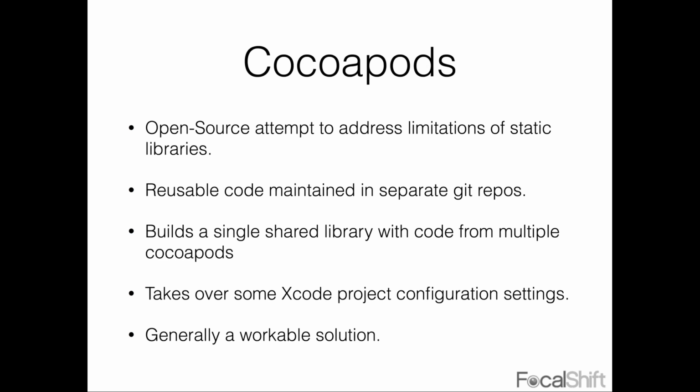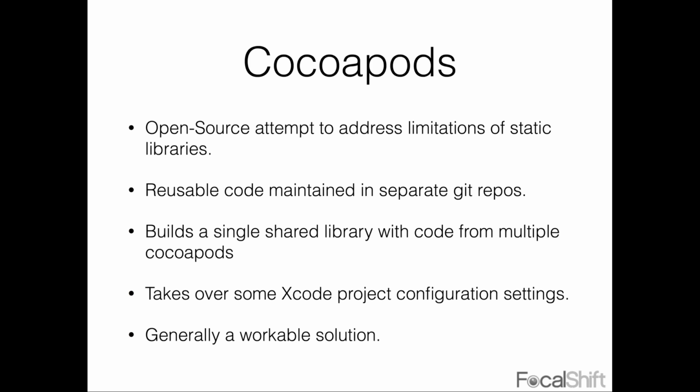Then we've got CocoaPods. CocoaPods is actually a very nice environment for managing and sharing libraries of code. It's still built around the concept of static libraries, and what they do is combine together the source code for one or more of these things they call a CocoaPod, which is some little bit of reusable code that someone has made available.